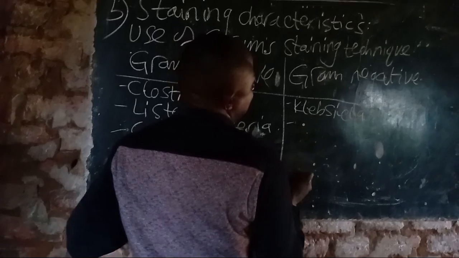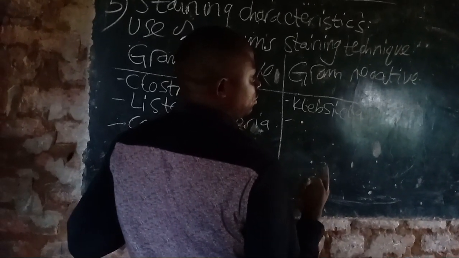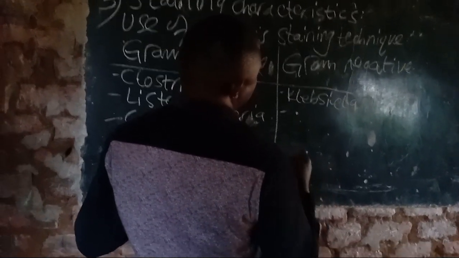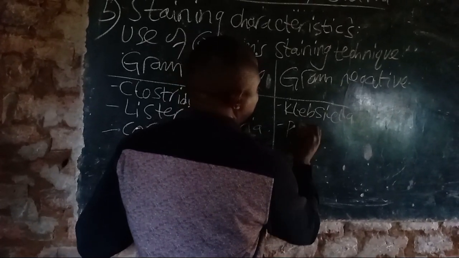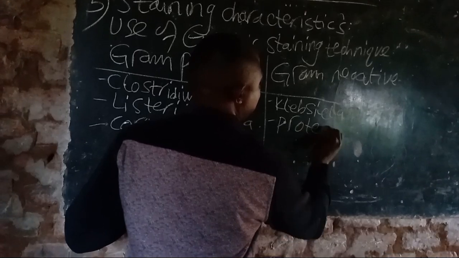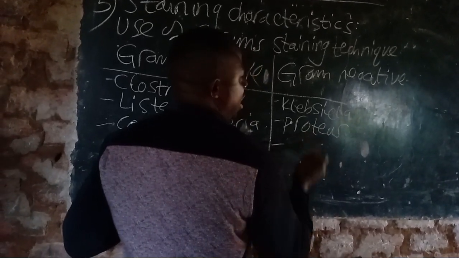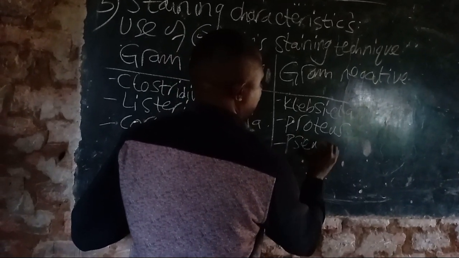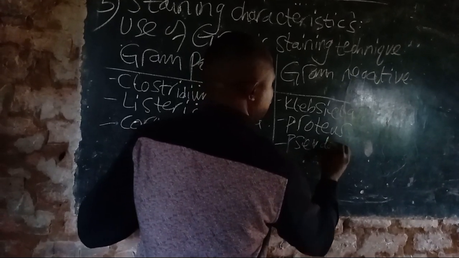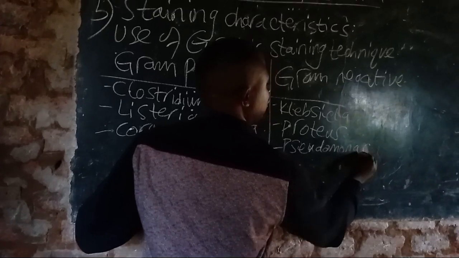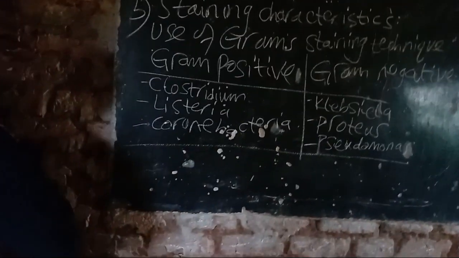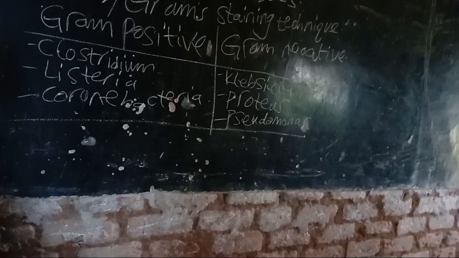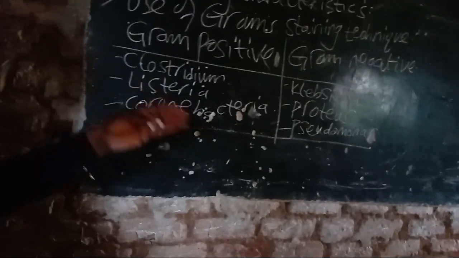The Klebsiella bacterium is gram negative. Then we have the Proteus and the Pseudomonas. I think these are some of the examples of the gram staining. Some are positive, some are negative.